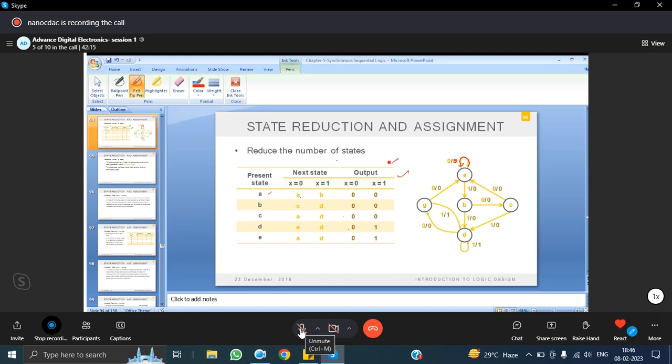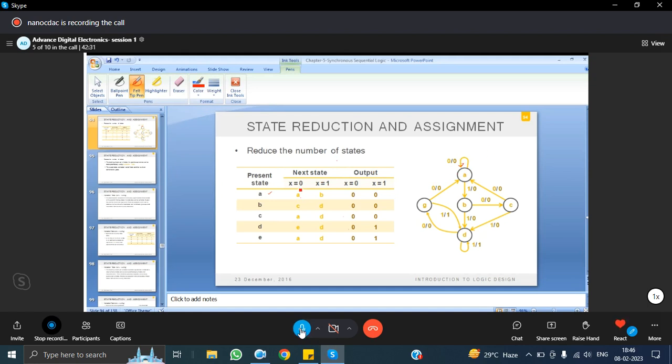If you generate the table, will you be able to draw the state diagram? Can you draw the state diagram? Yes or no? Or should I explain this also? It is easy.